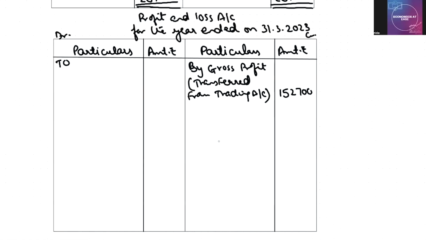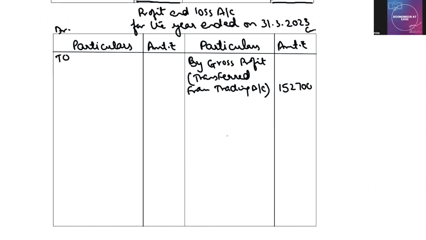Now we are going to start posting the entries. Trade expenses 12,000, then cash in hand, cash at bank, stock, purchase, sale, returns, carriage outgoing.